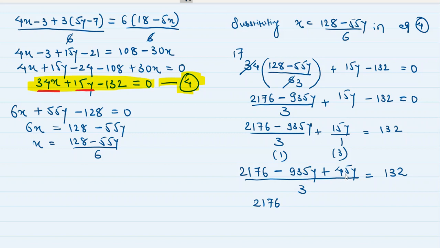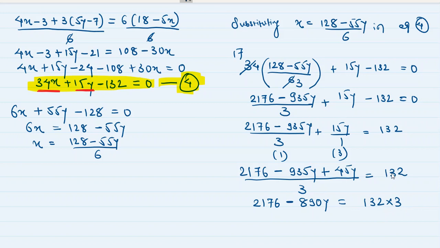So basically I have to subtract 45 from 935 and it will give me, I think, 890. Yes, so minus 890y, correct, negative 890y is equal to 132 multiplied by 3.